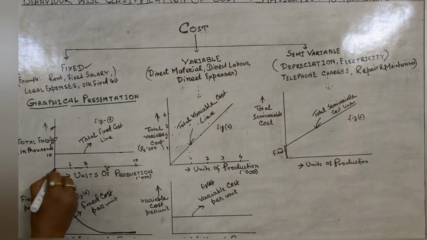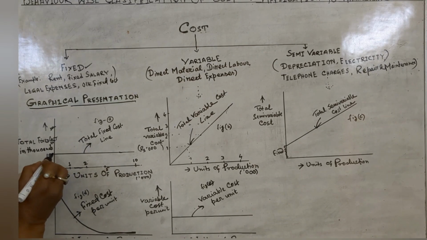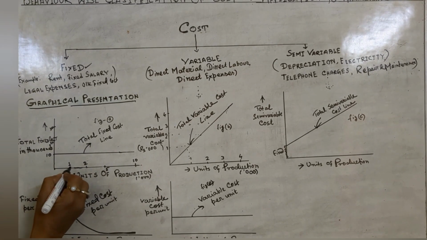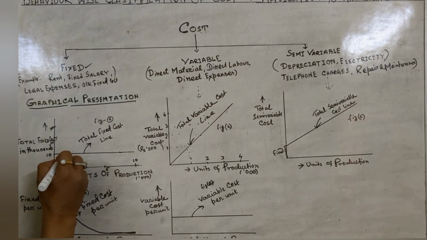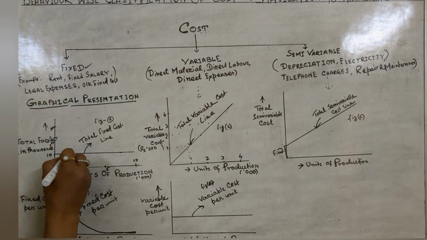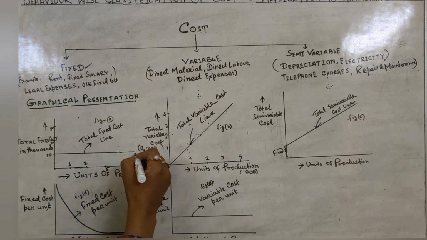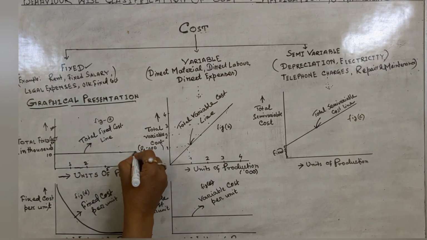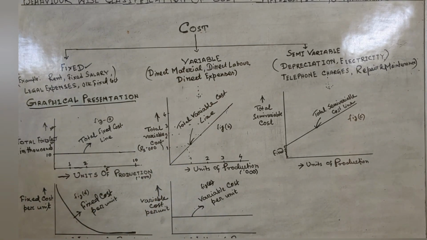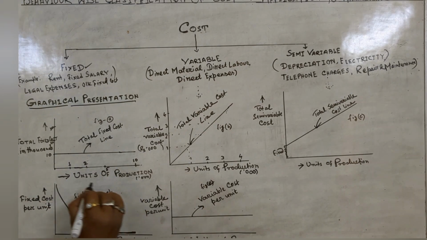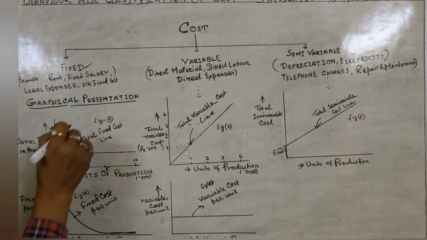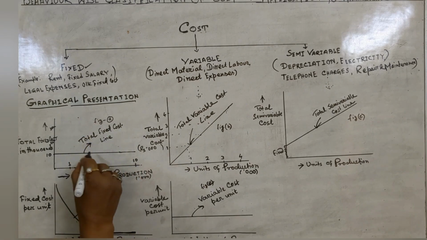It indicates if you produce 0 units, still the fixed cost is 10,000. If you produce 1,000 units, then also the fixed cost remains 10,000. It does not change with the increase in production up to the maximum capacity of the unit or factory for the period. This is the concept of fixed cost line.